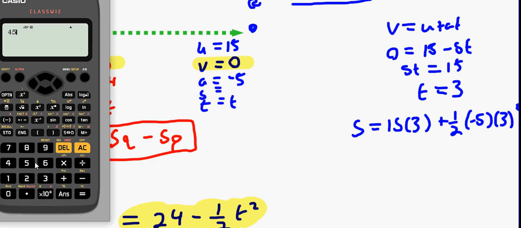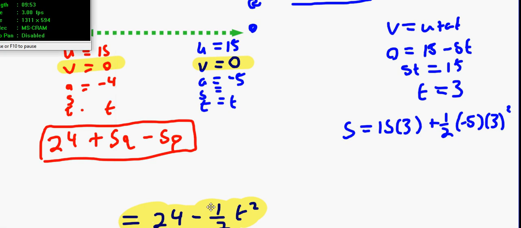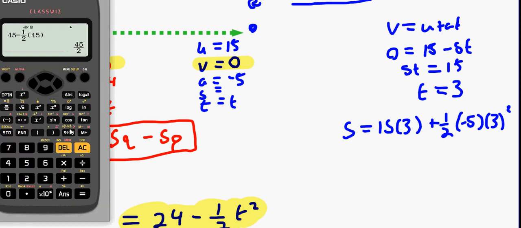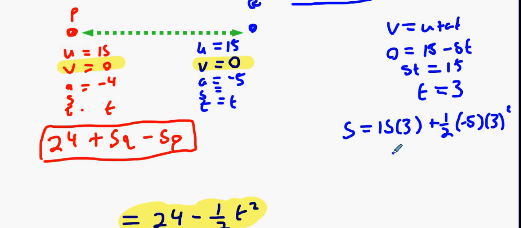It's going to be 45, take away a half times 5 times 9, which is 45. So what we have there is 22.5 meters. I could have done v squared equals u squared plus 2as directly and got that.